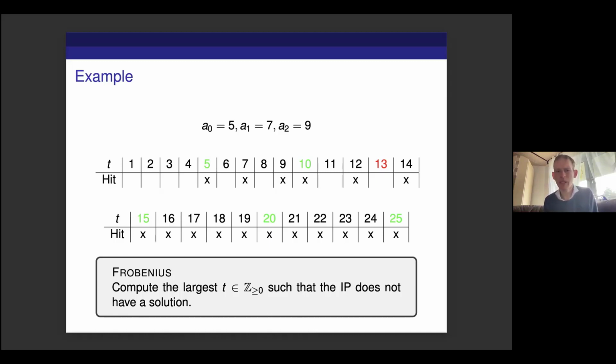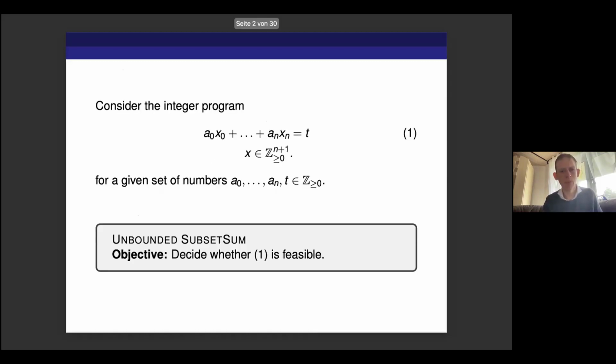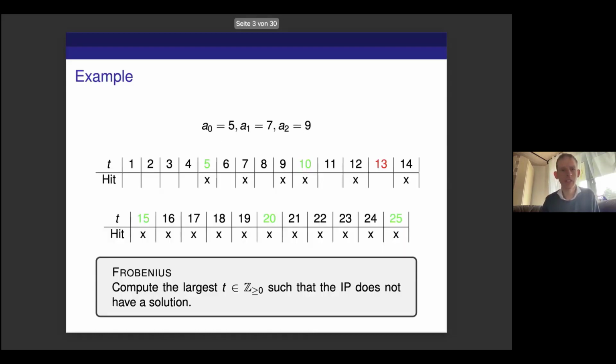In general, I would say there are two different communities involved with these problems. For the SubsetSum problem there's the SubsetSum community, which studies a lot of convolution and so on. But there's also a very large community behind the Frobenius problem, which is mostly mathematicians. There's tons of literature about it.